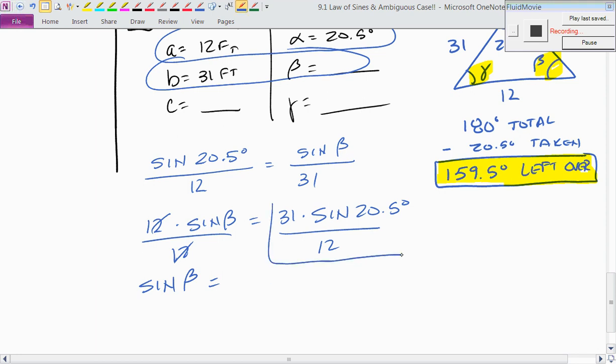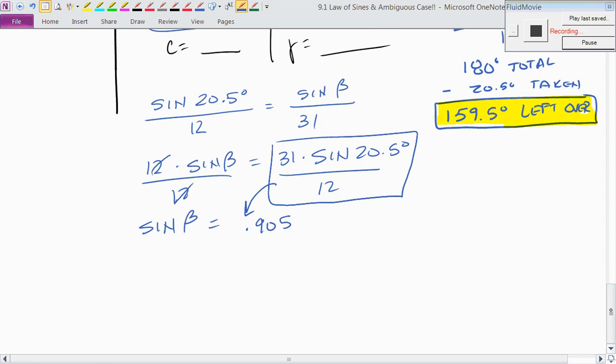So the sine of beta must be this stuff in the calculator. Someone help me out and tell me, what is this answer? 31 times the sine of 20.5 divided by 12. 0.905. Let's go to 3 decimal places. Do we agree? 0.905? Okay, good.